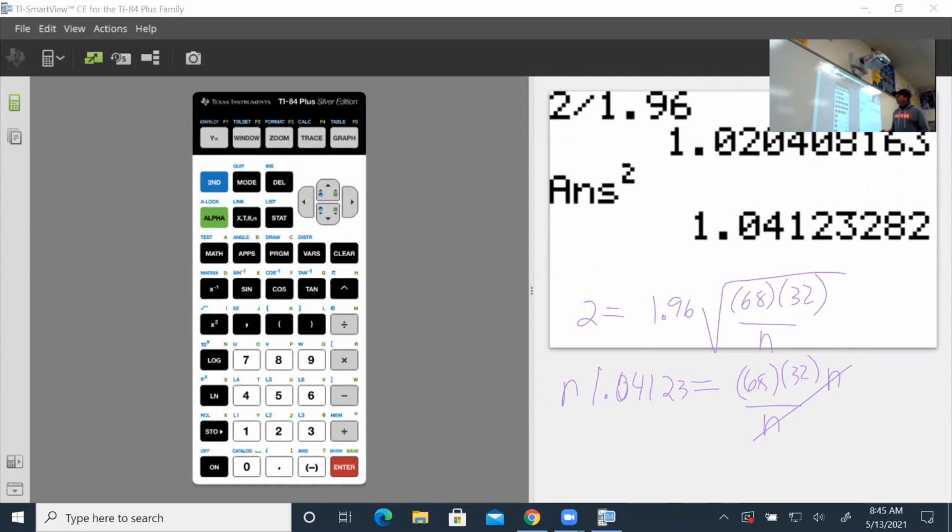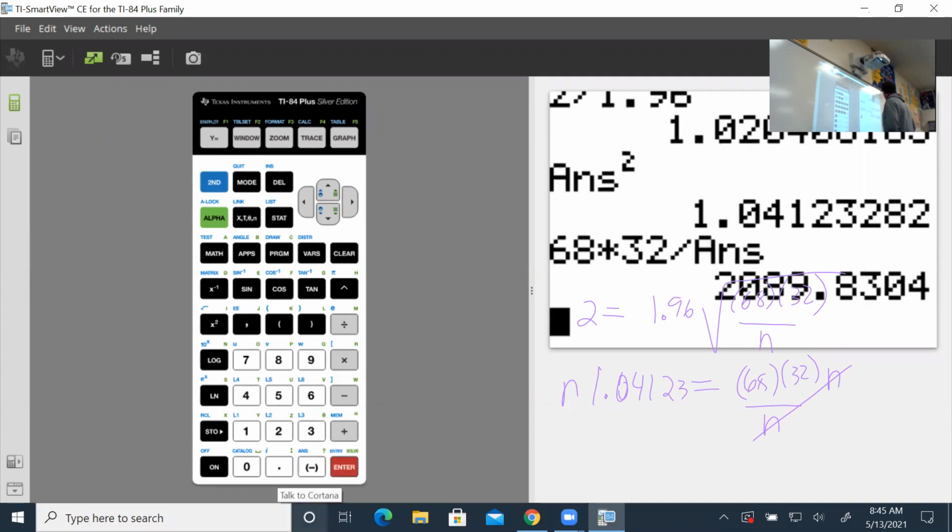And now all I got to do is multiply 68 times 32 and divide it by the second answer. And there you go, about 2089. Okay, 2090 if you round up. Okay, so that's how you do that problem.